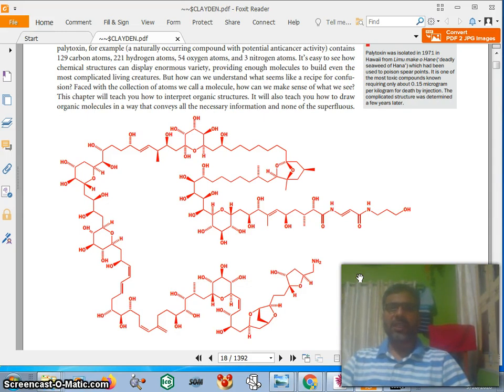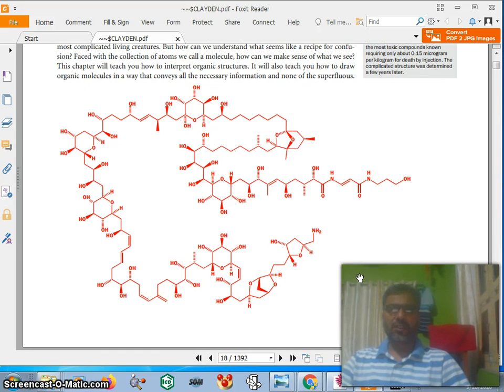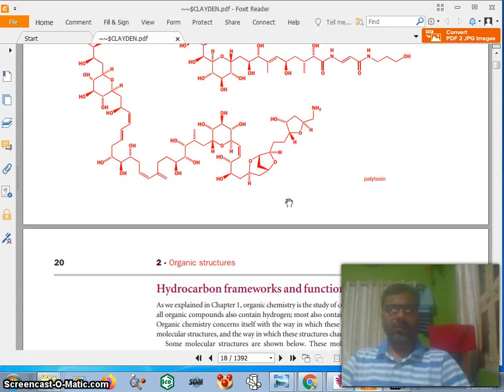How can we make sense of what we see? So, it will also teach you how to draw organic molecules in a way that conveys all the necessary information and none of the superfluous. So this is palytoxin. Now you see how big this molecule is.